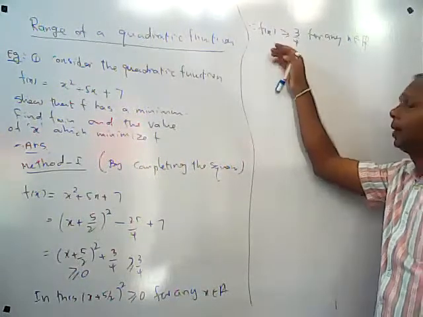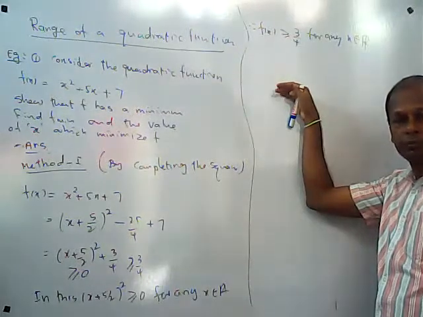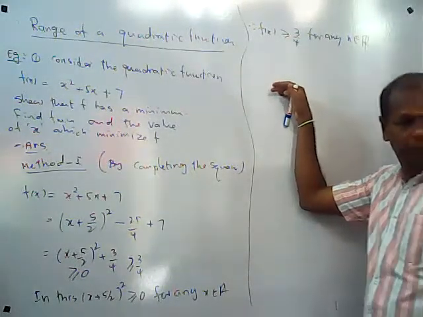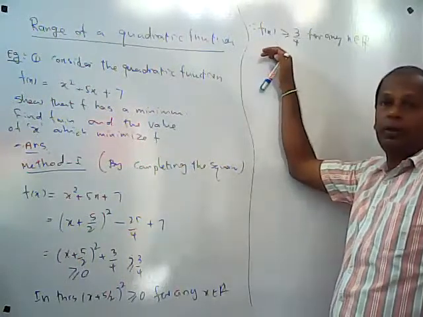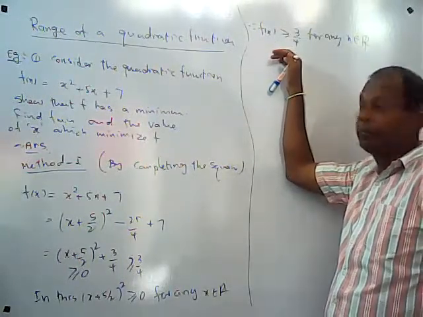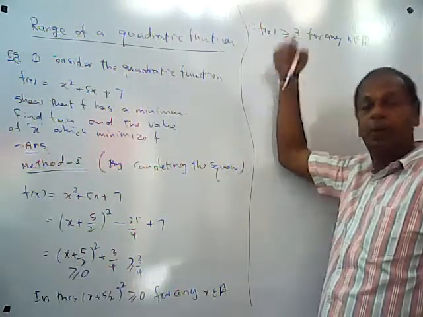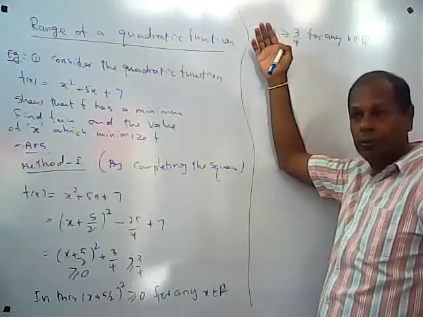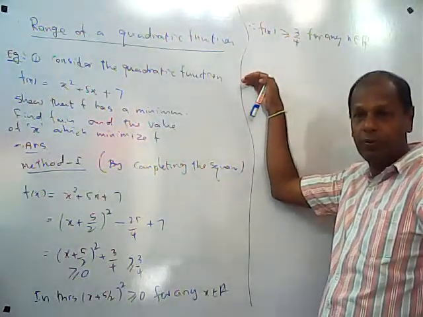So can f(x) assume any value below 3 over 4? No. It won't assume any value smaller than 3 over 4. Can it be above 3 over 4? Yes. Can it be equal to 3 over 4?